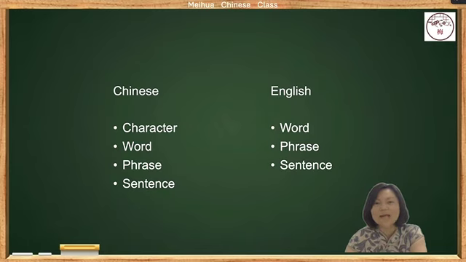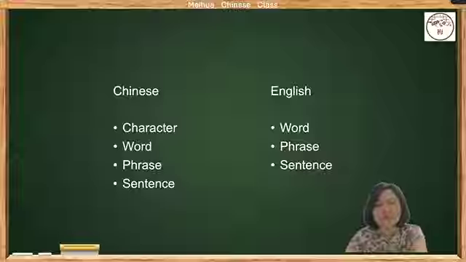First, I would like to compare the features about Chinese word and English word. As you can see here in the left column, in Chinese language, the grammar elements include four main categories. First is character.